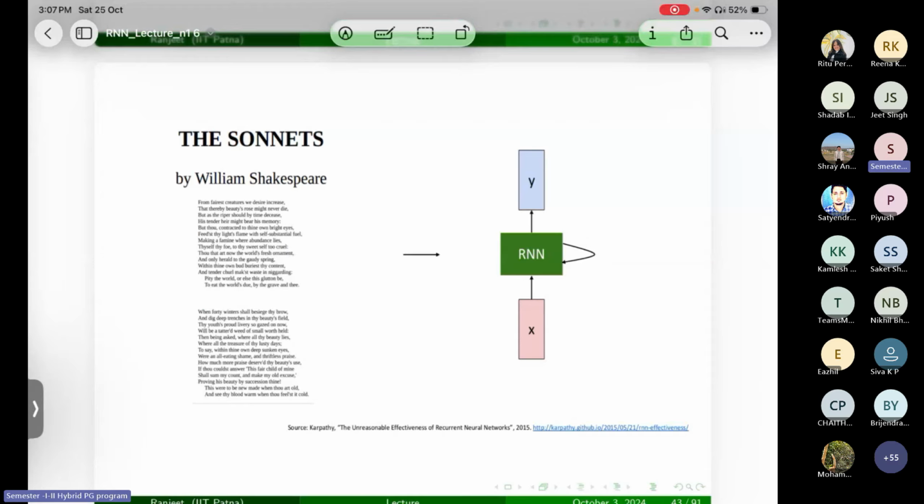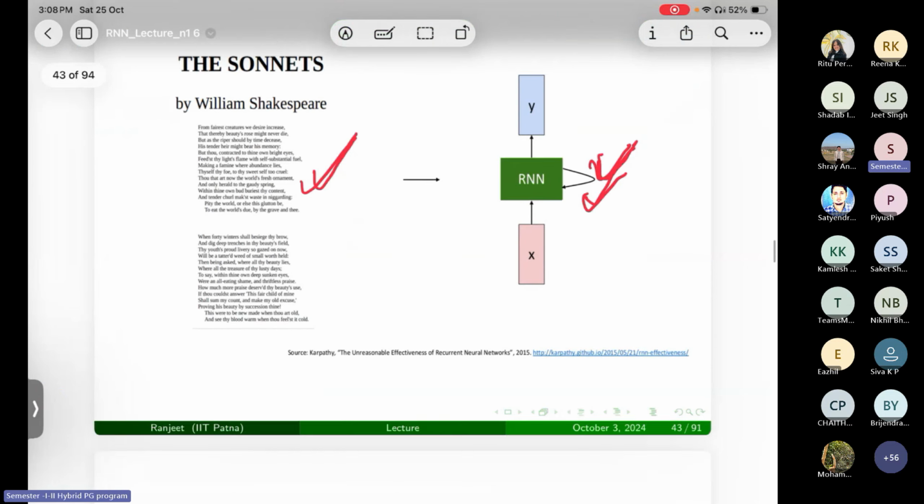So this RNN has been trained for generating paragraphs or sentences of this book. Let's see how it is happening.